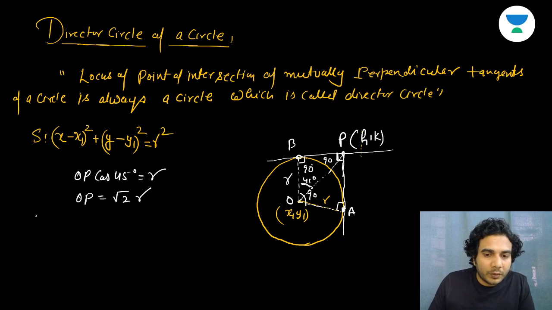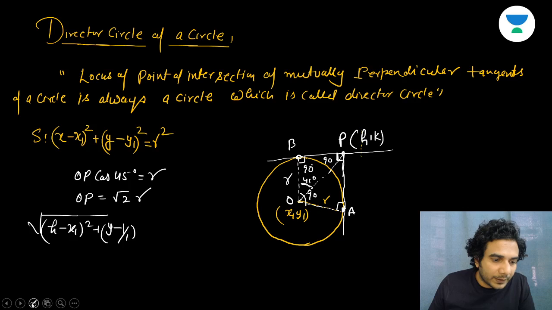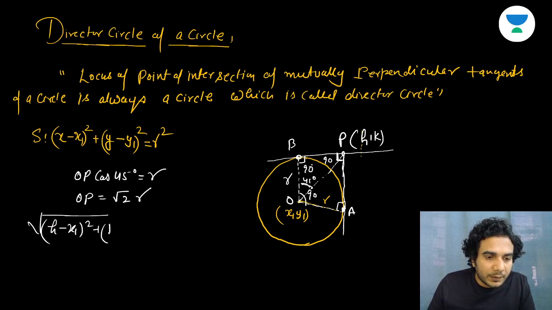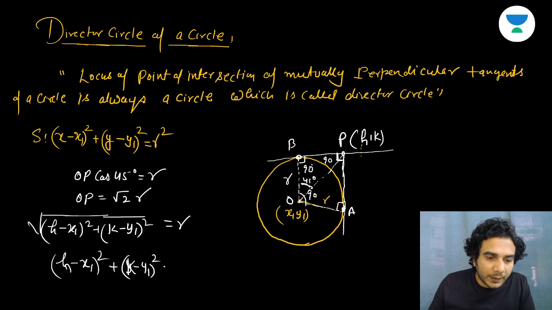And we know OP. How to write OP? OP is nothing but under root of (h minus x1) the whole square plus (k minus y1) the whole square. So you have got the relation in h and k, and this is the equation of locus of (h, k). So you'll get (h minus x1) the whole square plus (k minus y1) the whole square is equal to 2r square.